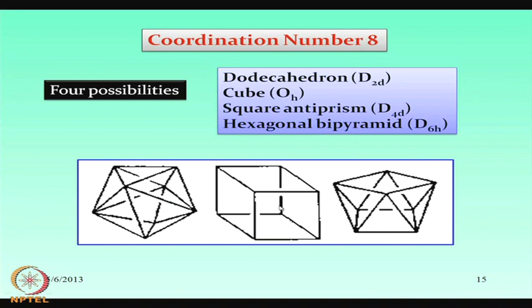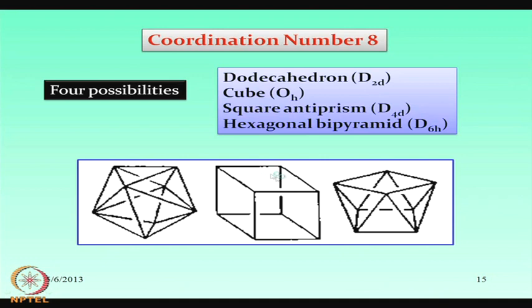This is the cube structure, and this is the square antiprism, with one square and another square. If we rotate the top plane and connect them to each other, we get a square antiprism structure where 2 of the faces are square faces.